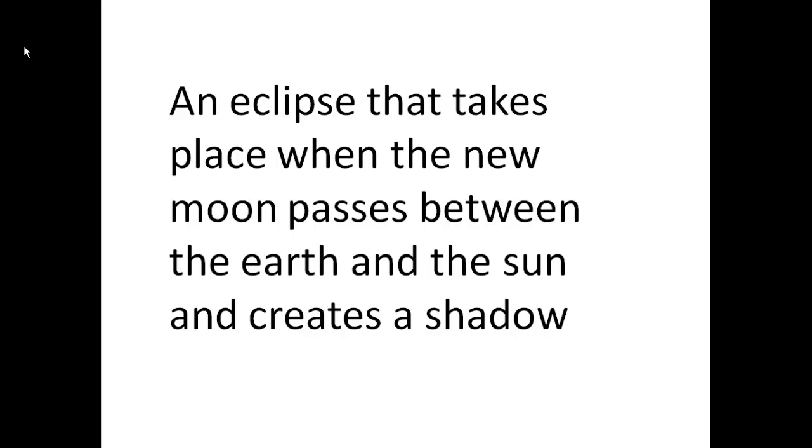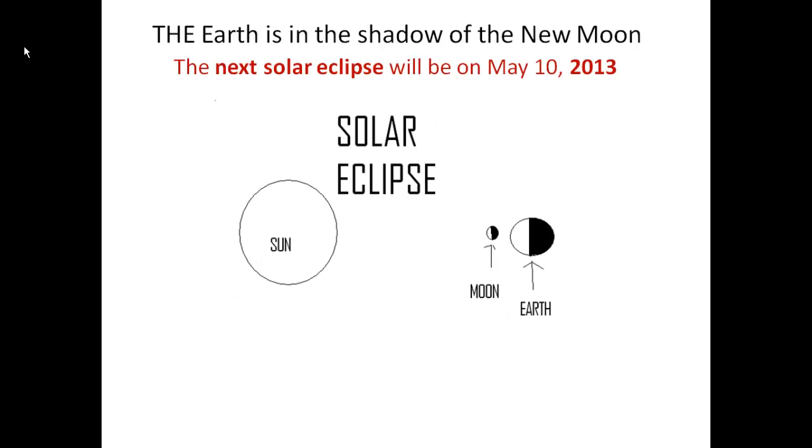Now think about it. The Earth is a lot bigger than the moon, so the moon is not going to be able to cover up the entire Earth. So a solar eclipse is only going to occur over a portion of the Earth at a time, and usually solar eclipses only last a few minutes, but they look really pretty cool.